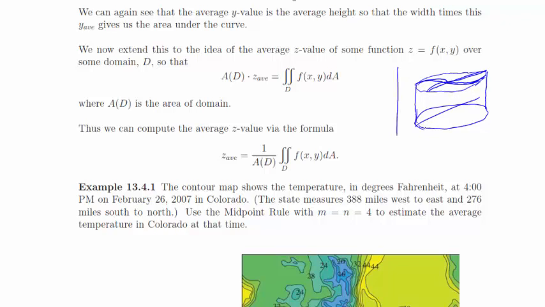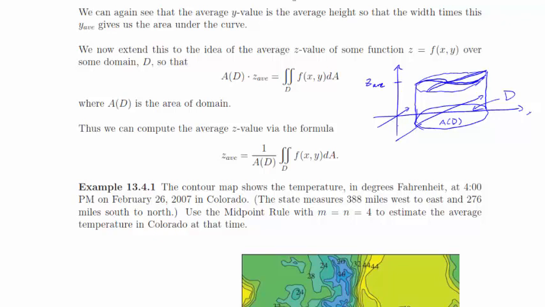Then say we've got my x and my y directions here. Here's my y-axis, and this is parallel to the y-axis. Here's my x-axis. Here's my z. Then the z average is some height where if I multiplied the area of this domain, so this is D, is this space in here.